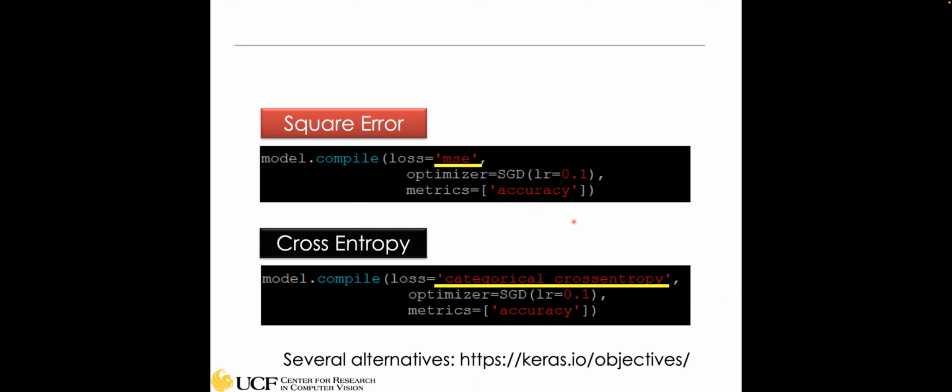Obviously the optimizer we'll talk about later. This is the learning rate, and the metric measure is accuracy. For cross entropy, you can use categorical cross entropy to specify that you want to use cross entropy as the loss.